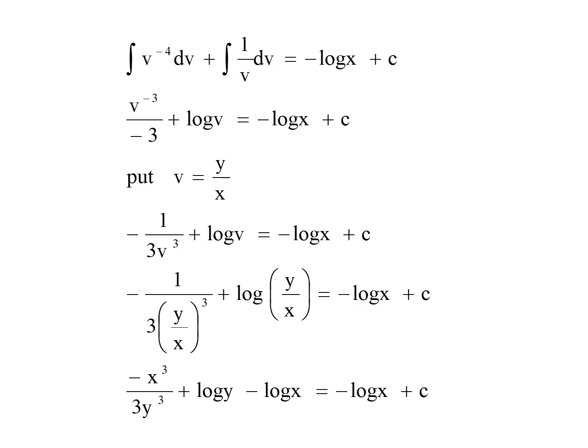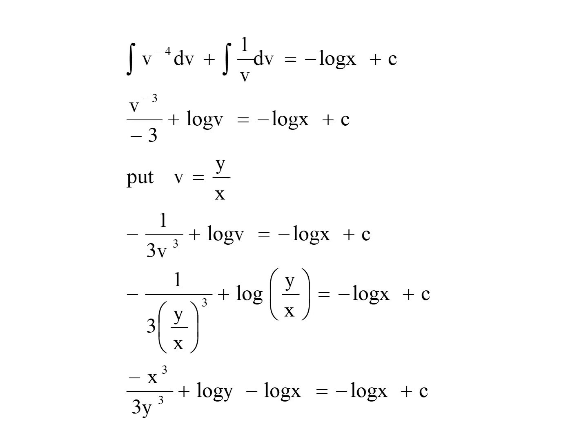Move on to the next line. Minus 1 by 3 into, wherever we have v, just replace with y by x everywhere. So minus 1 by 3 into (y by x) whole cube plus log of y by x is equal to minus log x plus c.